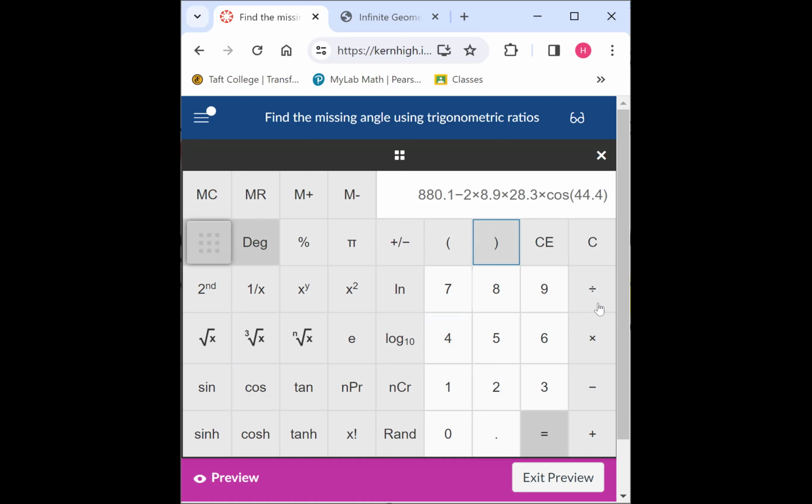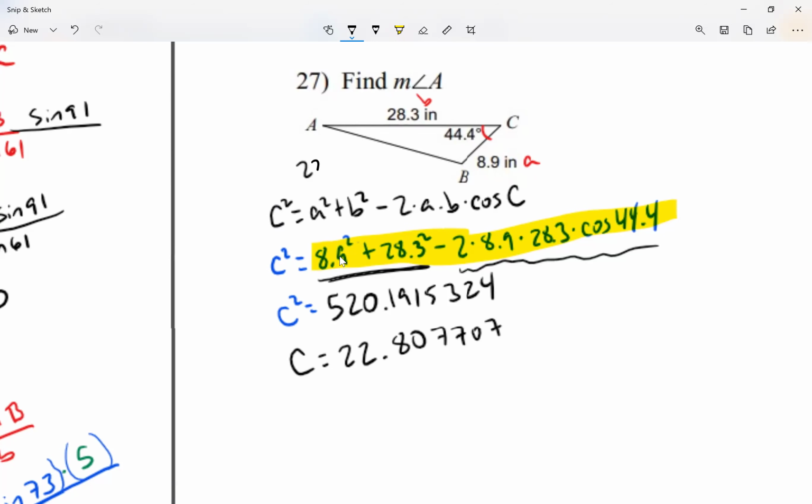When I do the square root of that, it gives me c is equal to 22.807707. So I know side c is 22.807707. That is this side.